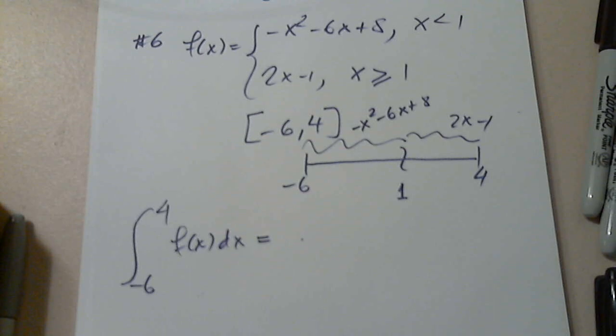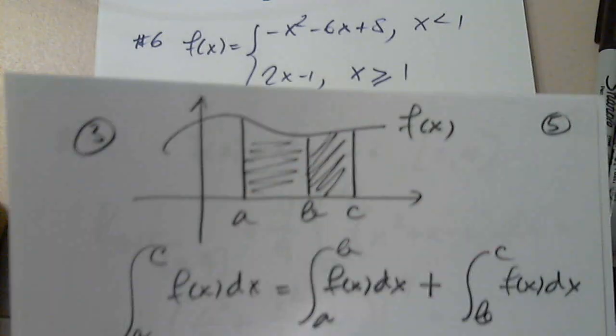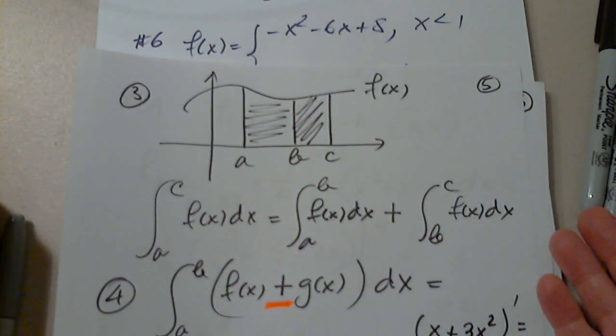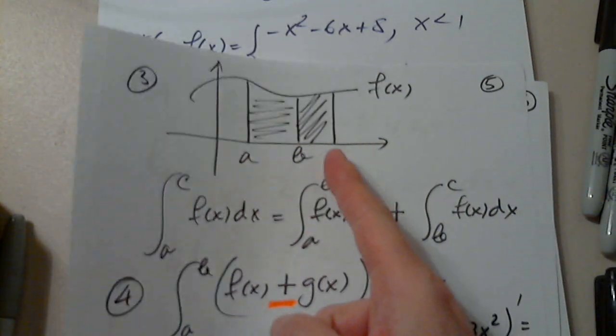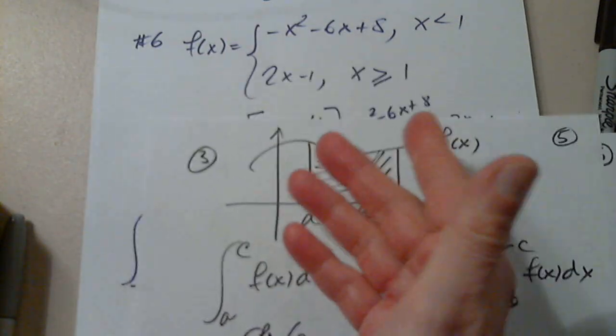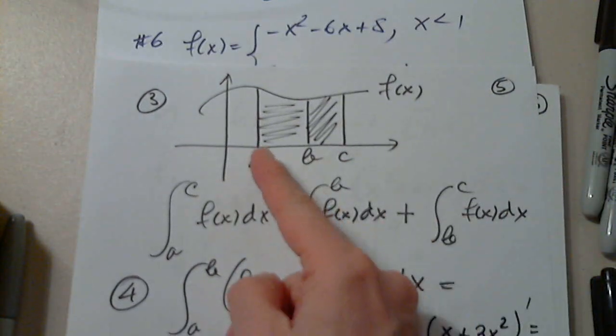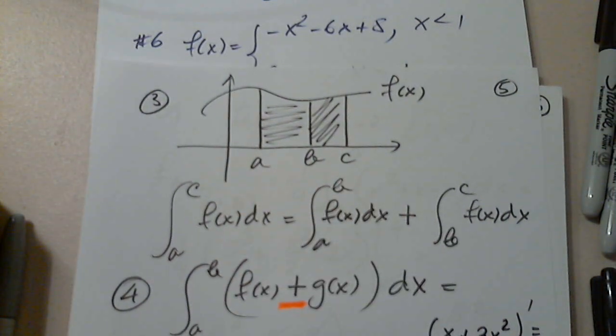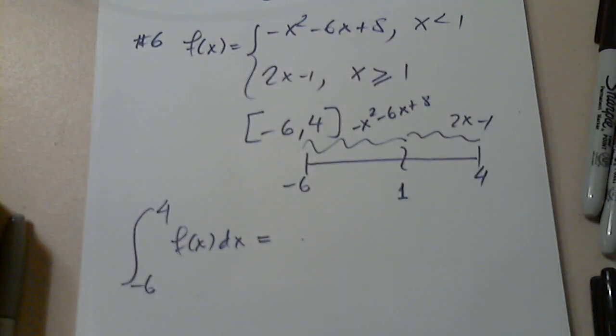And the short answer, before you say anything, is one of the properties. Negative 6 to 4, and here's 1. Any suggestions on how to determine this area under the graph?